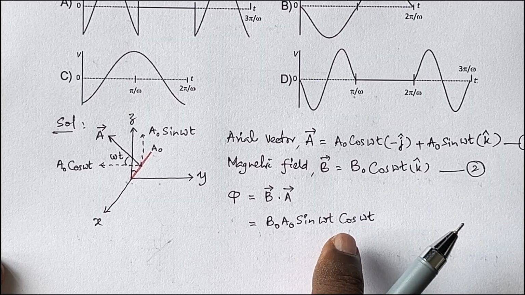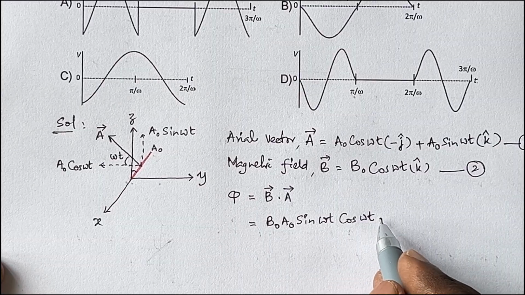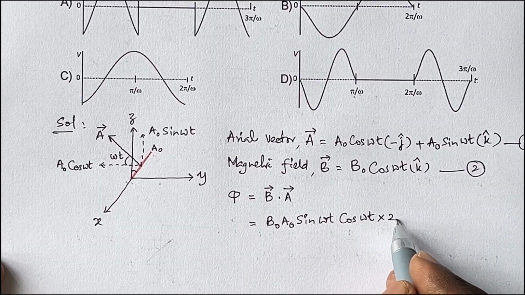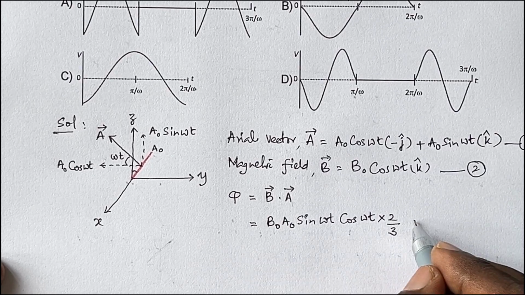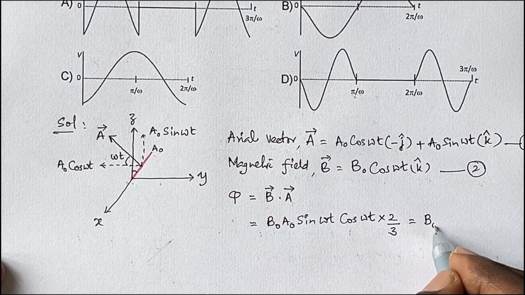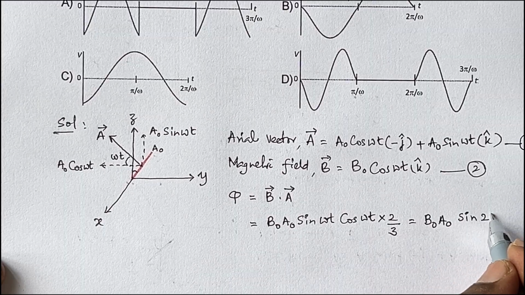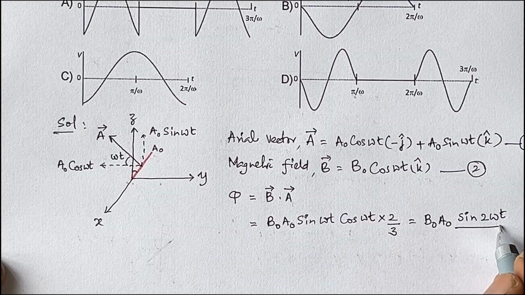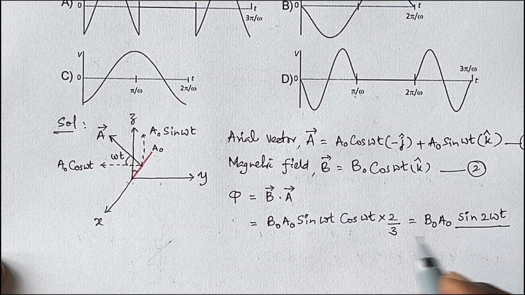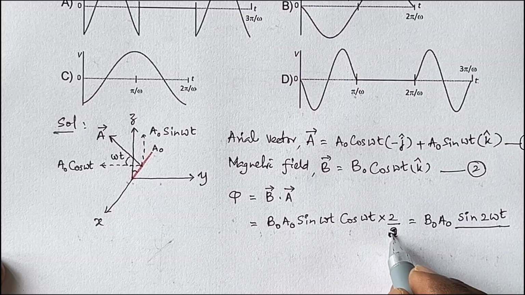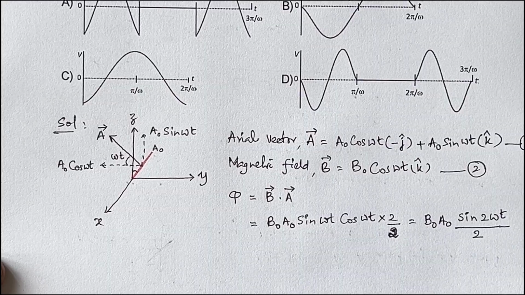Now 2 sin theta cos theta is sin 2 theta, so the 2 is not there. So I will multiply by 2 and divide by 2. Then this formula becomes B naught A naught sin 2 omega t by 2, since 2 sin omega t cos omega t becomes sin 2 omega t. I multiply by 2 and divide by 2. So this is the phi value.